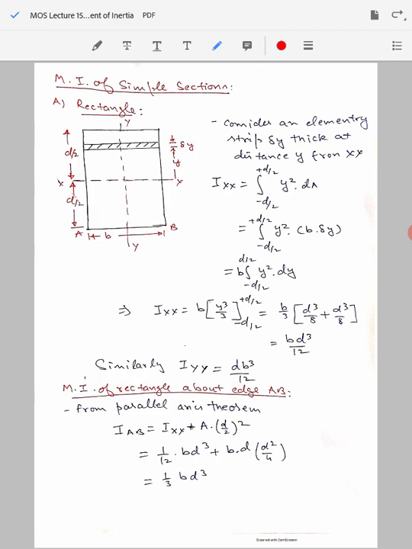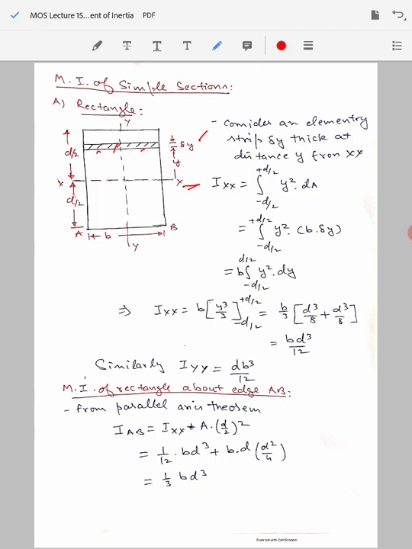You can see the x-axis, which is the horizontal axis, and the y-axis, the vertical axis, passing through the center of this figure. Consider an elementary strip of thickness delta y at a distance y from the x-axis. This hatched area is the area delta A, and it is situated at a distance y from the x-axis.